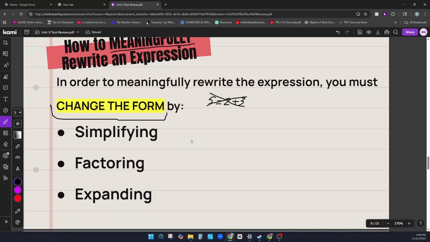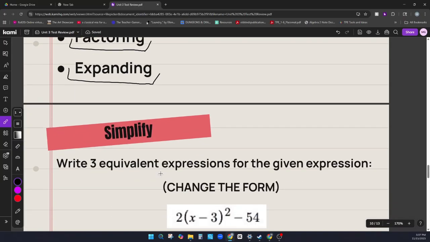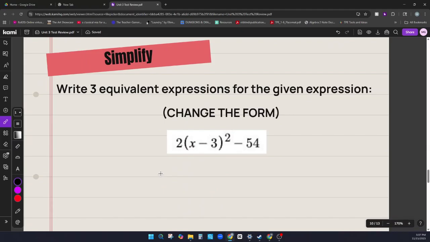You must change the form. And those three methods of changing the form are simplification, factoring, and expanding, all of which we have covered. So looking at our first example, I tell you straight up, this is a simplifying example.